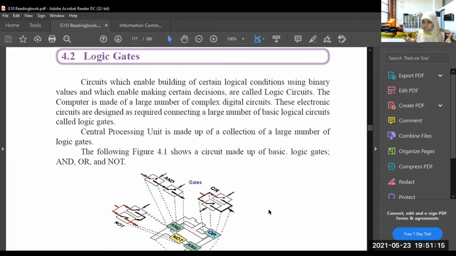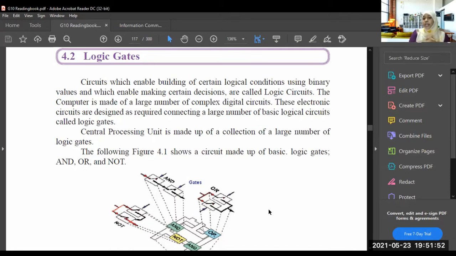So inside these circuits, they have built logic gates. In this lesson we are going to learn about these logic gates.